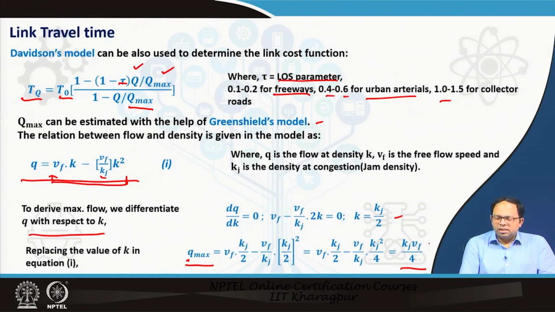So this is the formula that we can directly use, and it will give us Qmax, which we can put in this particular equation. Based on that and the actual flow in that particular corridor, and tau, of course, depending on what kind of corridor it is, we can determine how the impedance or travel time cost will increase in this corridor. So this is another alternative equation you can use to determine link travel time.